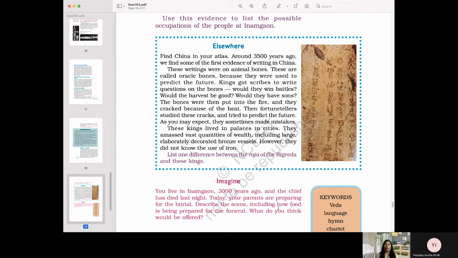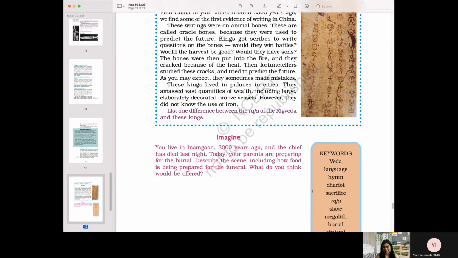People were good enough. And after this Raja died, some other person was put into the Raja position, not necessarily the son of this Raja. But this was not there with these kings. If it is a king, his son is going to be the next king, right? Okay.